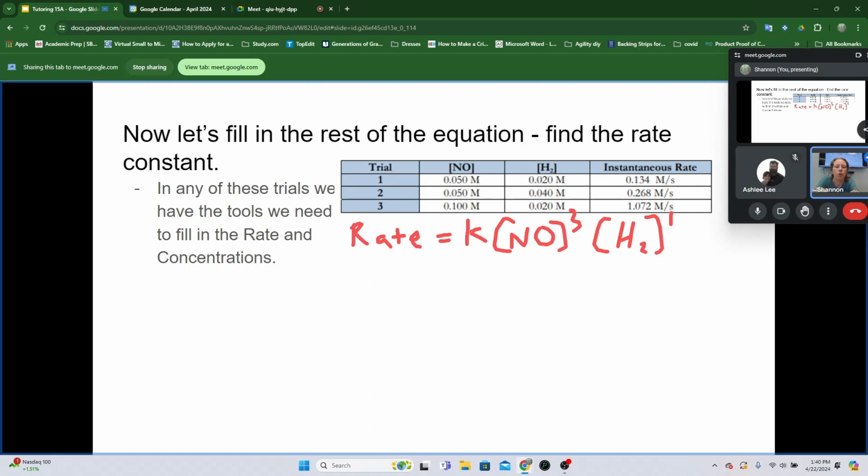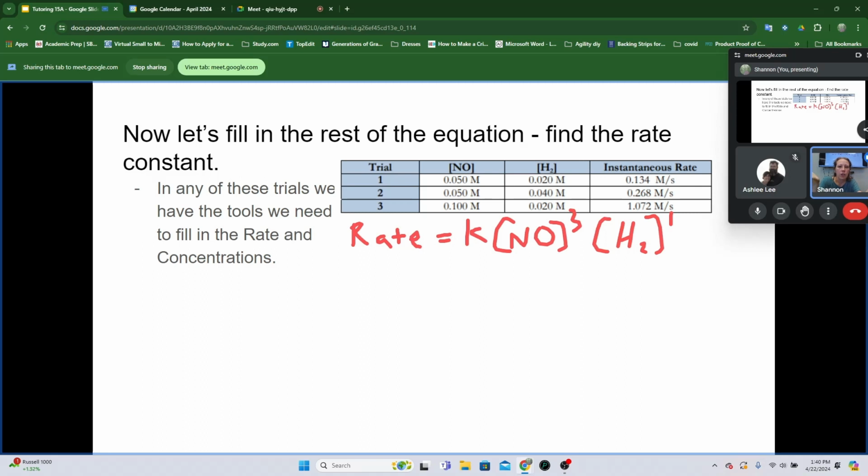Okay, so we have a rate equals a constant times the concentration of nitric oxide to the 3rd power times a concentration of hydrogen to the 1st power. So if we want to solve for one thing, we've got to fill in numbers for everything else.